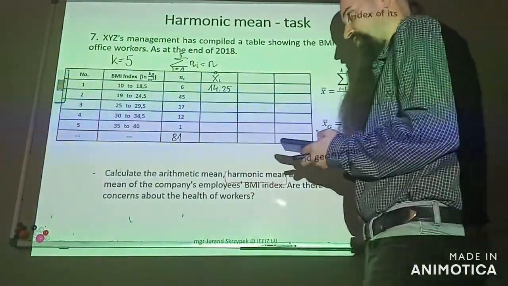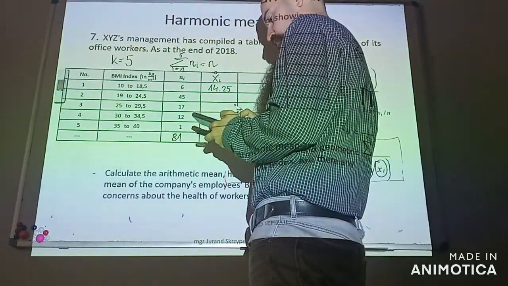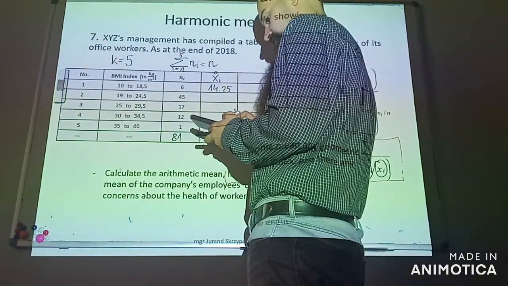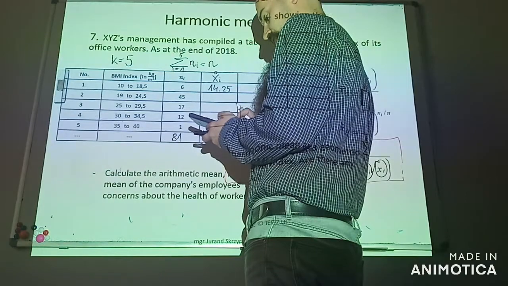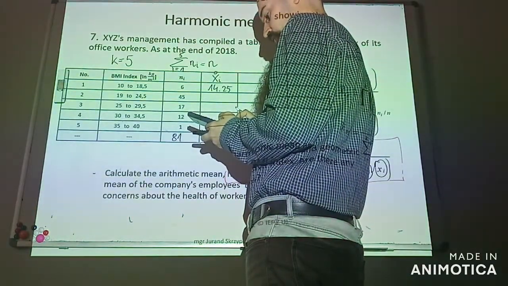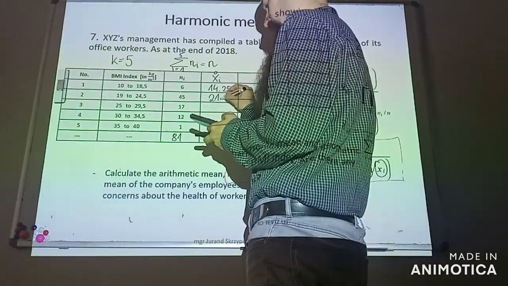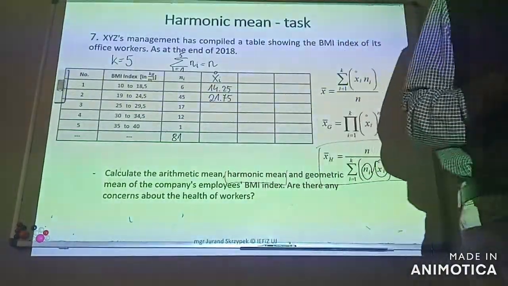Another middle of the class is 19 plus 24 and a half, 43.5 divided by 2, 21.75, and so on.